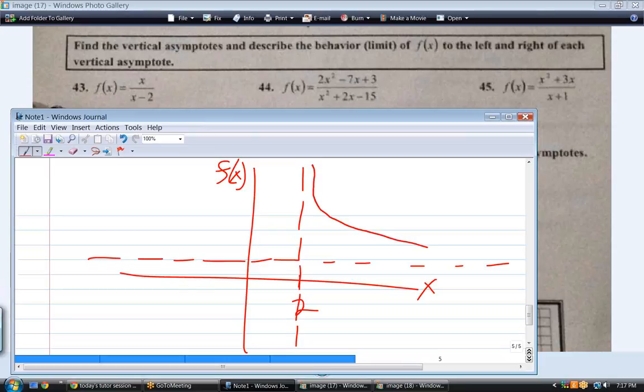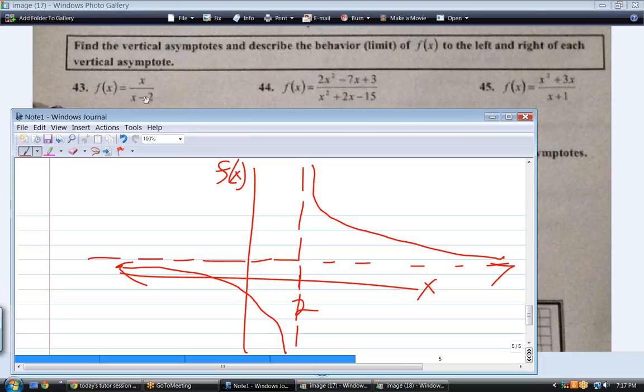If I graph this, it's a hyperbolic function like that, and down here it looks like that. You can see from the graph that as x goes in this direction to positive infinity, y approaches the line y equals 1. As x goes to negative infinity in that direction, f of x also approaches the line y equals 1. And you can see why.